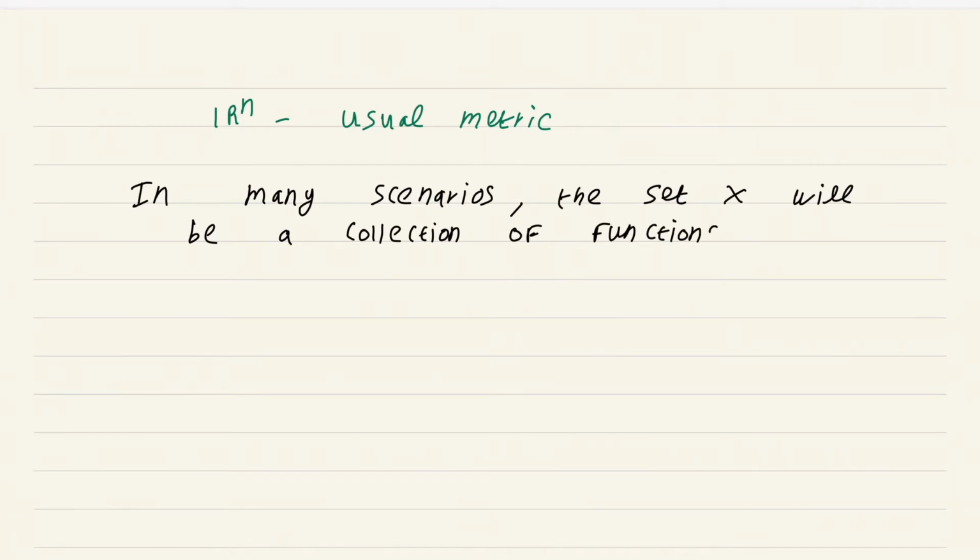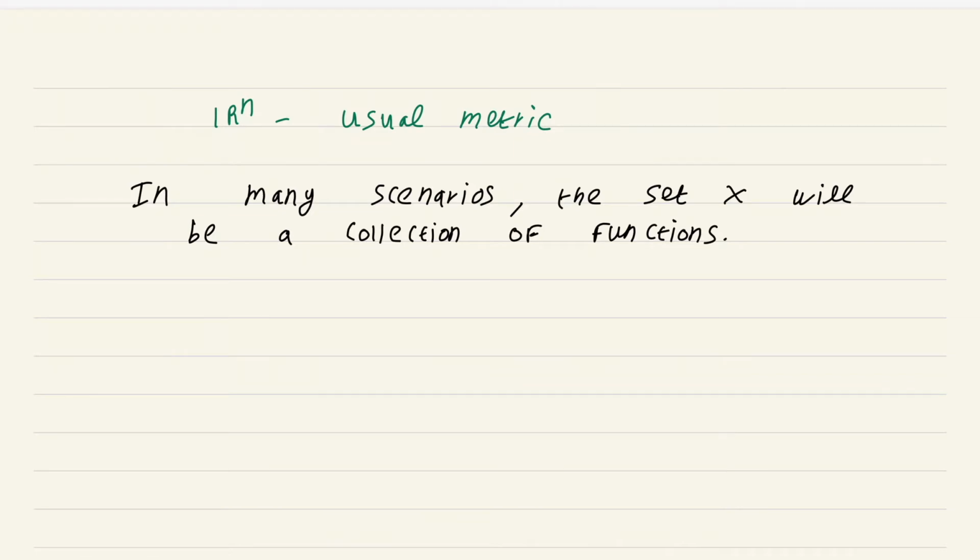It's not so easy to visualize a collection of functions as it is to visualize Rn, which is just a collection of points in a higher dimensional space. Once you are used to visualizing R2 and R3, it's not so difficult to have a vague picture of what Rn looks like. So this metric structure, when you put it on this collection of functions that we are going to study, it still behaves somewhat like Rn. That is the power of this theory.